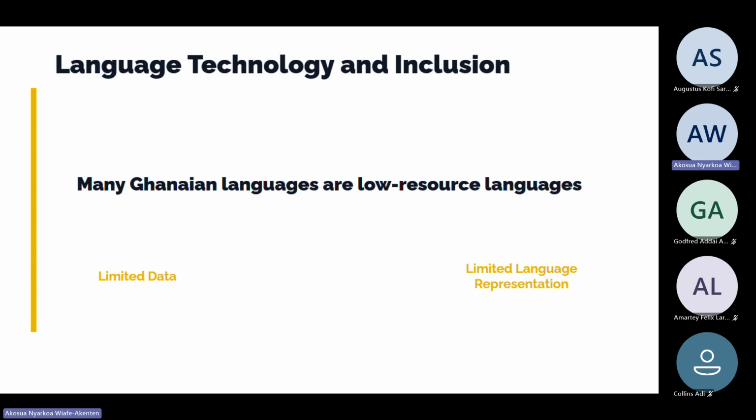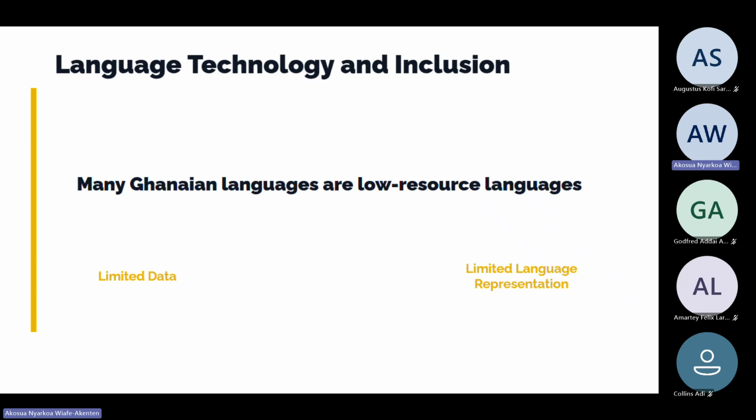The second crucial limitation is that the data is of poor quality, okay? Usually we talk of poor quality in the sense that it is not sufficiently representative of the languages and the socio-cultural context that the language is known for, right?